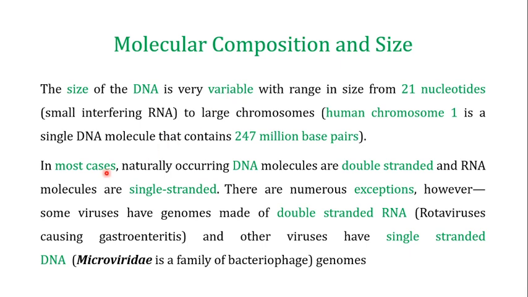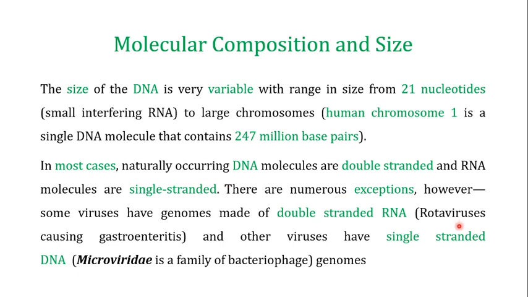Now in most of the cases, not all of the cases, the naturally occurring DNA molecules are double-stranded, and the RNA molecules are single-stranded. So this is the case in most of the cases. However, there are certain exceptions.